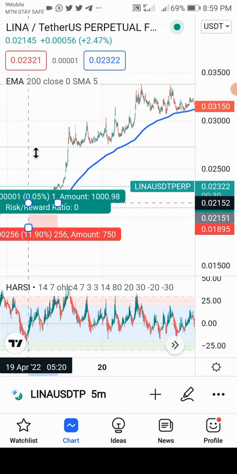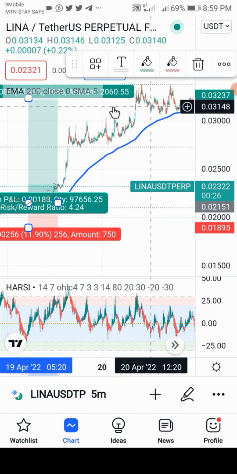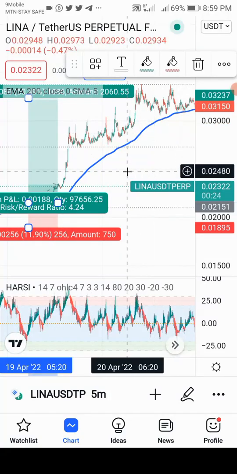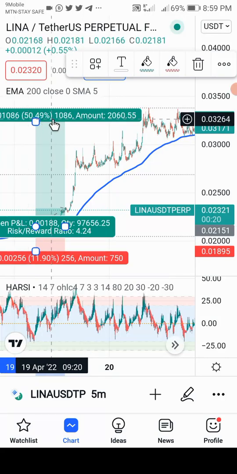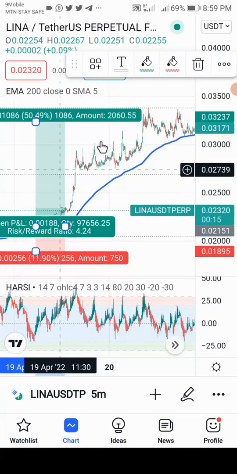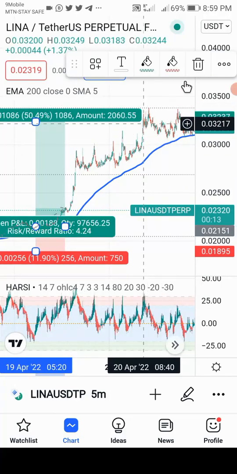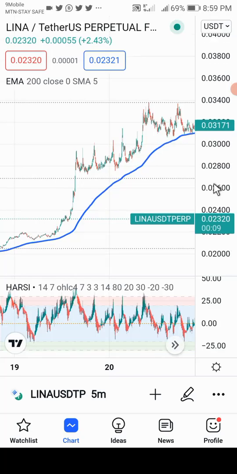So you can see this is even more than, let's say 50%, 50.49% for just scalping or day trading. You can see this is a very, very good percentage. So let's proceed and see if our pattern is right.